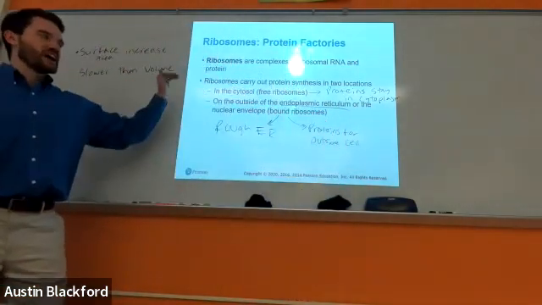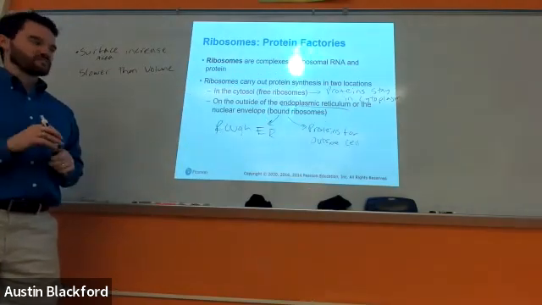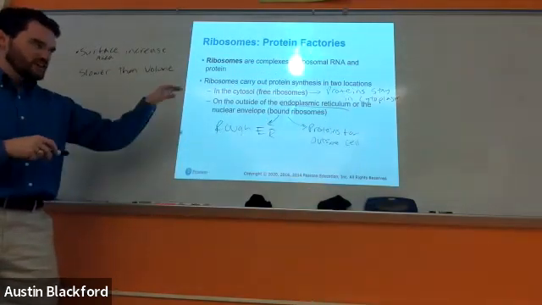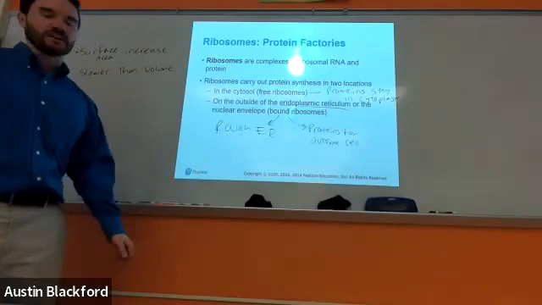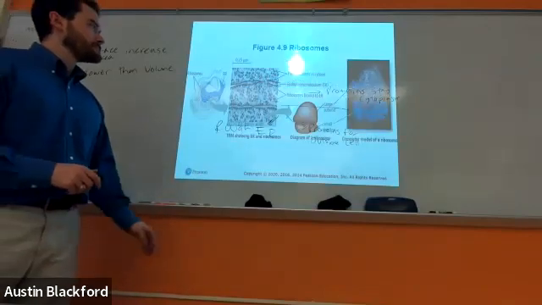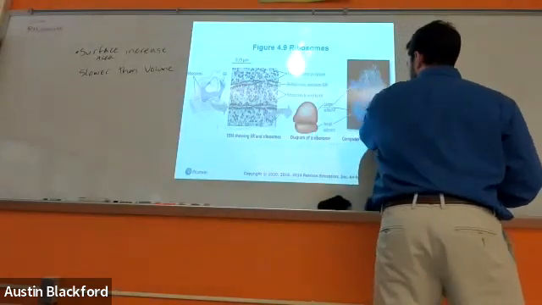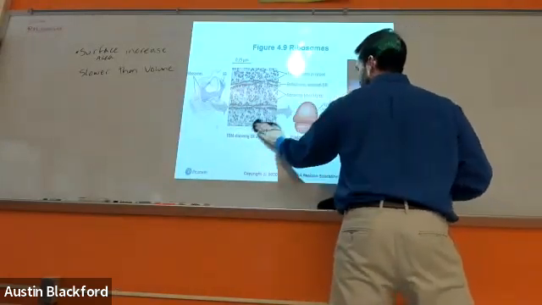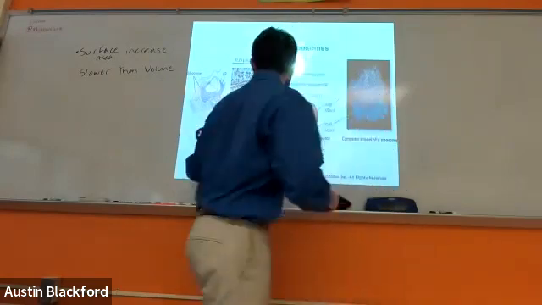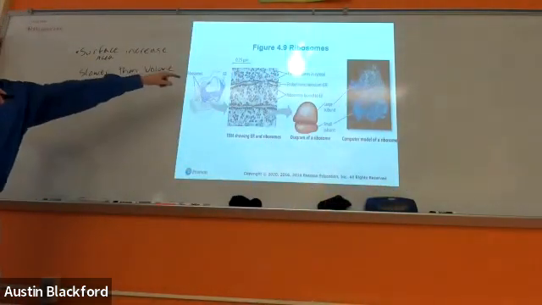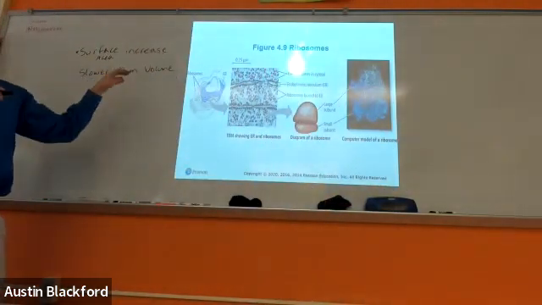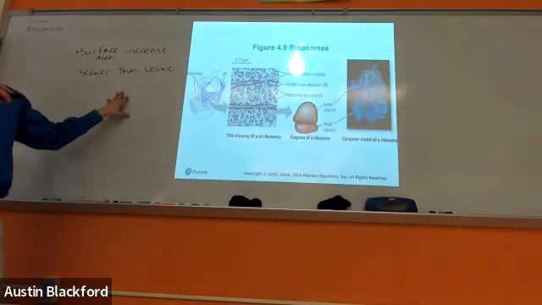Just generally speaking, that's the general idea of the destinations of proteins made on those two different kinds of ribosomes. Here's a picture of a ribosome showing the free versus bound ribosomes. Free ribosomes are just hanging out in the cytosol, and this is the endoplasmic reticulum, in blue here.